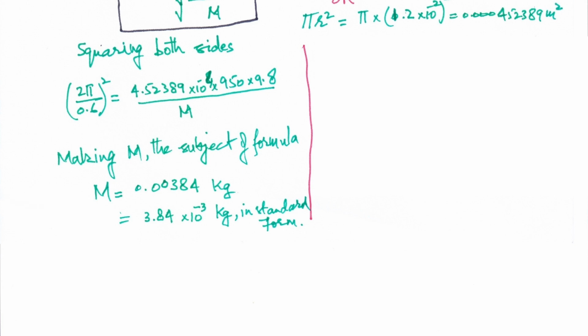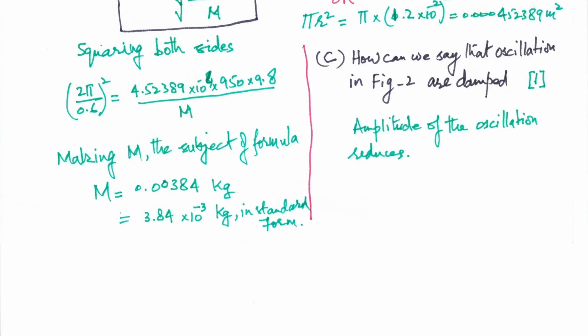In part C, he has only asked you how we can say that oscillations in figure 2 are damped. The definition of damping is that the amplitude of the wave or amplitude of the oscillating body reduces as the time passes.